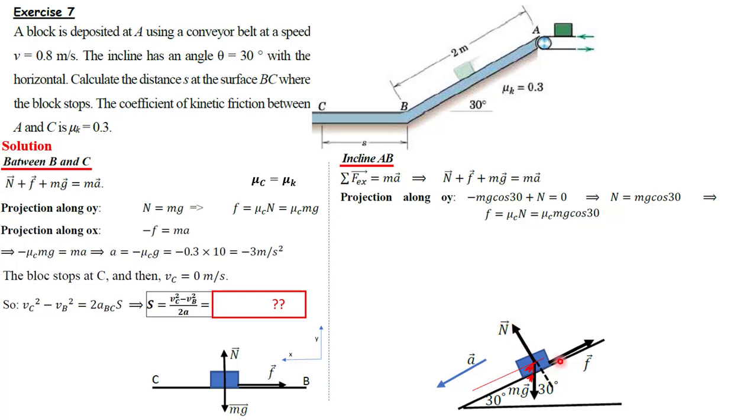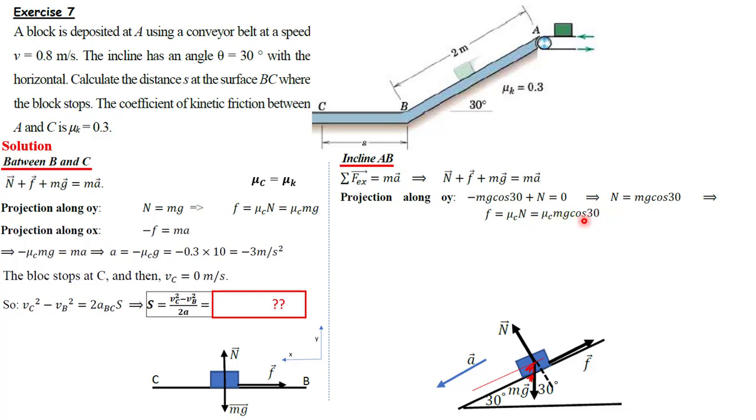It can only move along the x-axis. So this means that the normal reaction along AB is equal to mg cosine 30 degrees. We can deduce the friction force, which is equal to mu c or mu k times n.